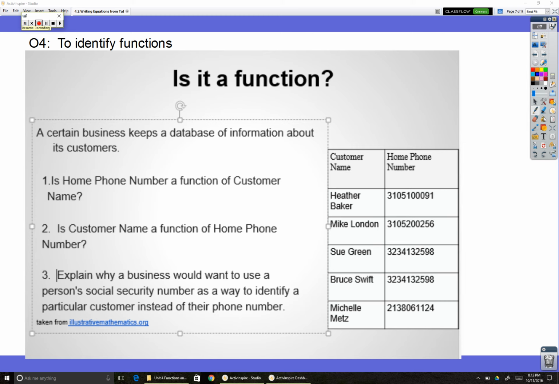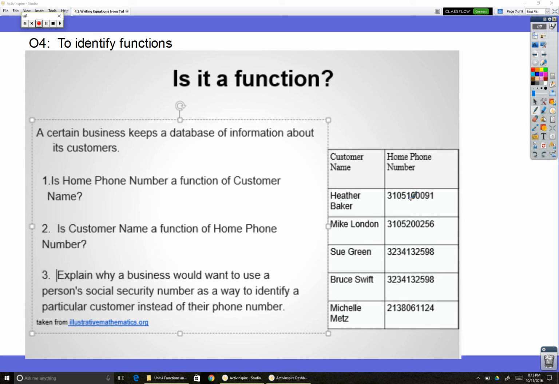A certain business keeps a database of information about its customers. Is home phone number a function of customer name? Okay, so what it's asking us here is, does every customer name have just one phone number? And we see here, Heather Baker has a phone number, Mike London has a phone number, Sue Green has a phone number, Bruce Swift has a phone number, Michelle Metz has a phone number.